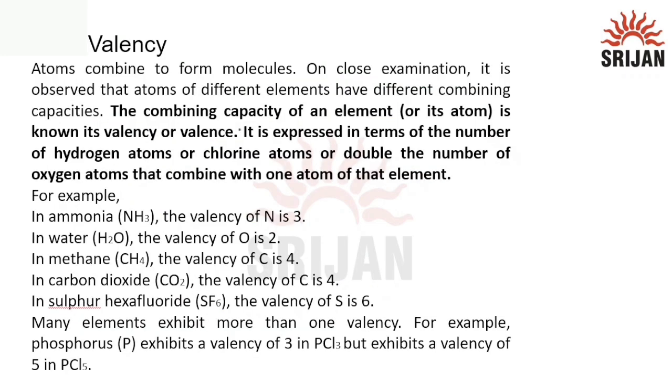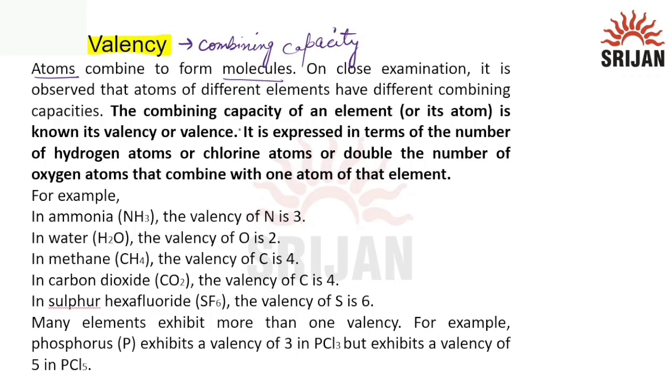Now we come to valency. Valency is the combining capacity of any element. We know that atoms combine to form molecules, but a single atom can form a bond with how many other atoms?